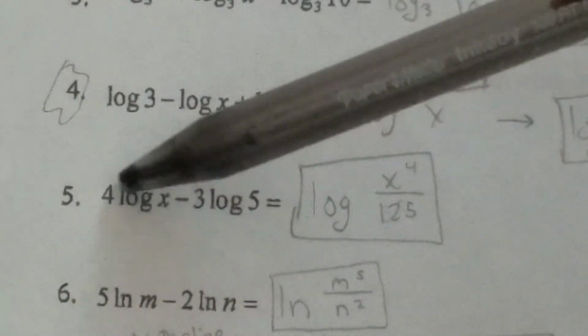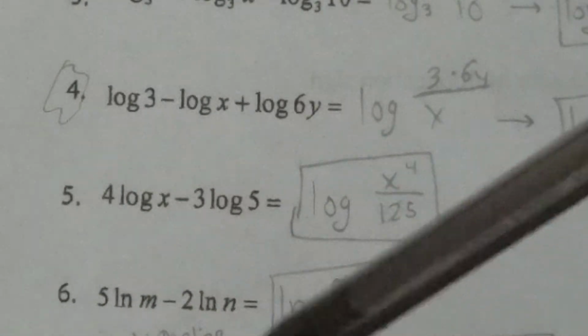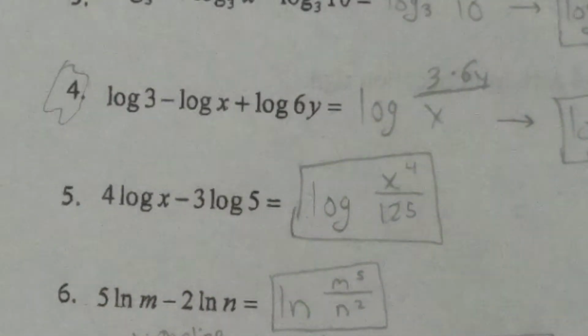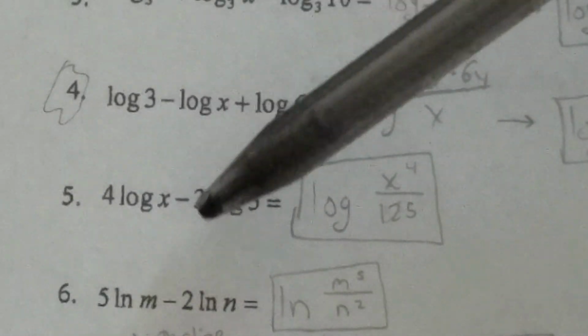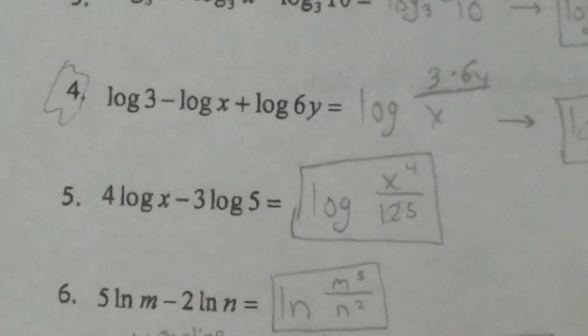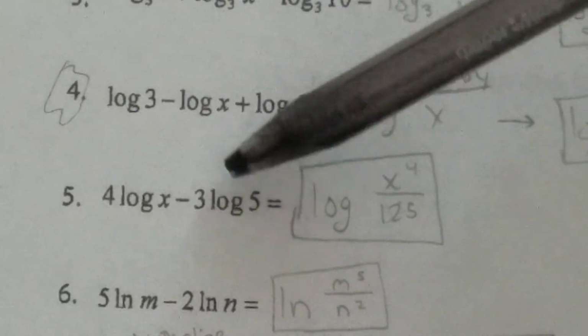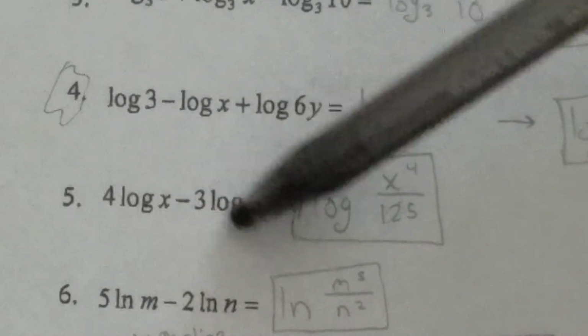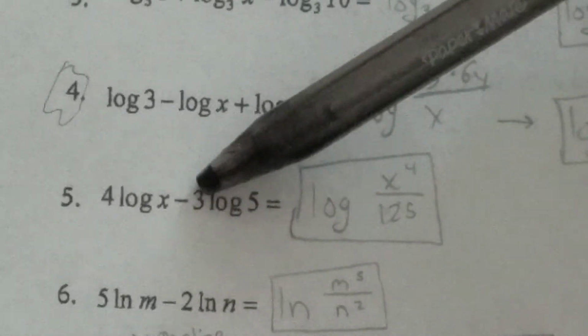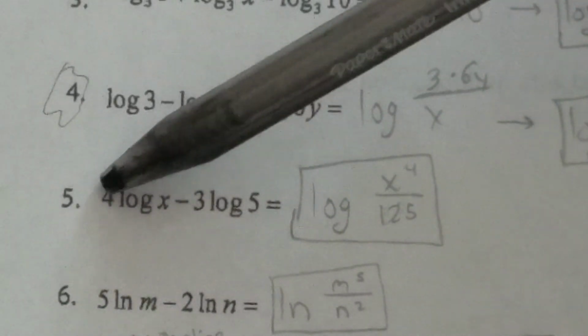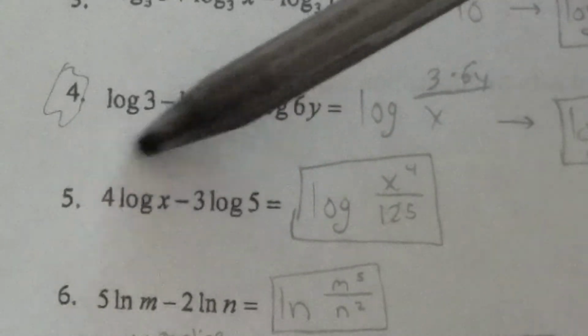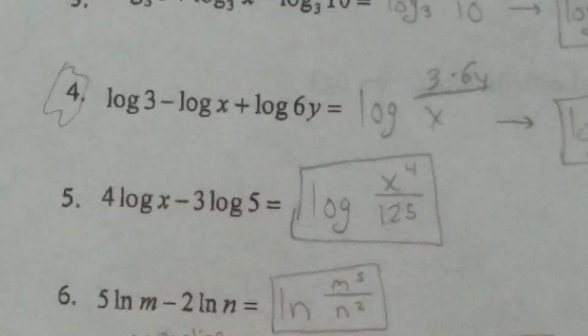When you're condensing, you're trying to get it down to just one log. Then you have minus 3 log 5. So 3 log 5 is converted into log 5 to the power of 3. That 3 comes over and becomes an exponent. For 4 log x, that 4 becomes an exponent, giving log x to the 4th power.